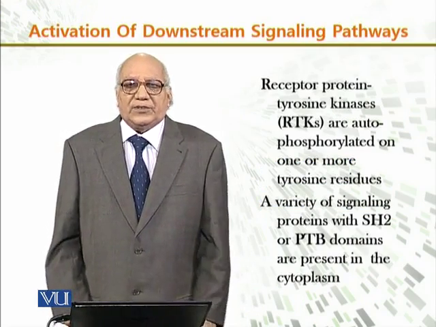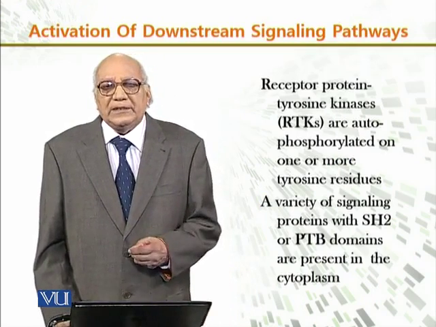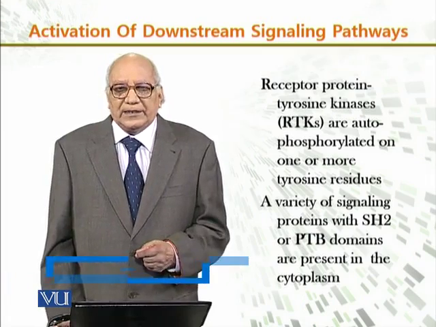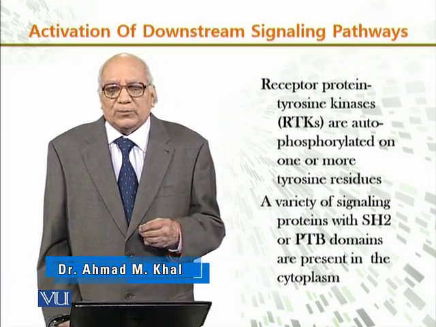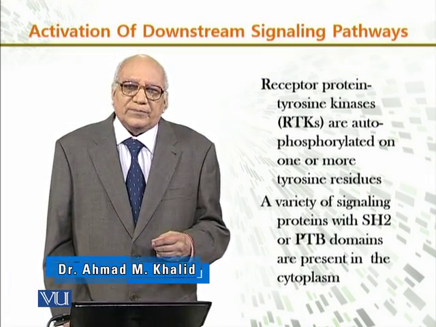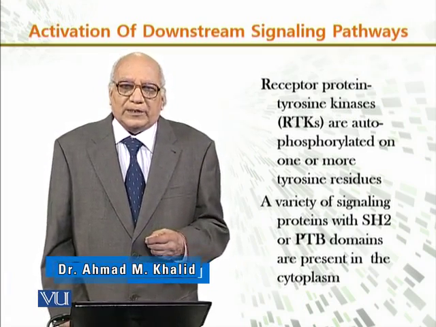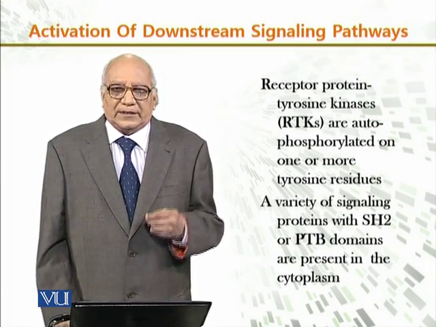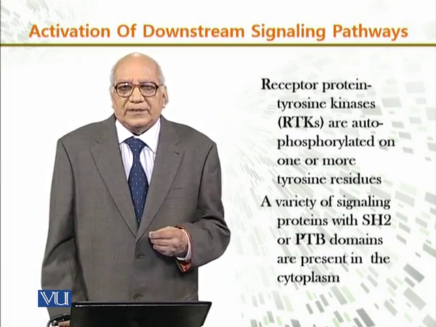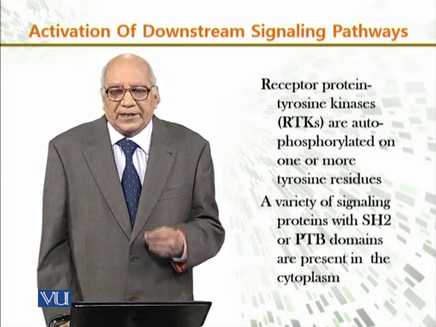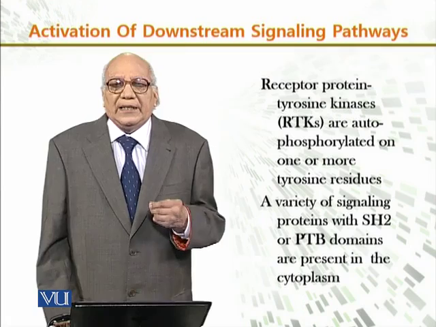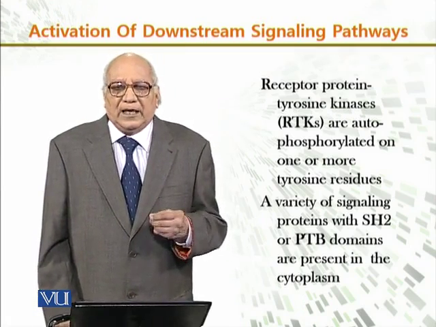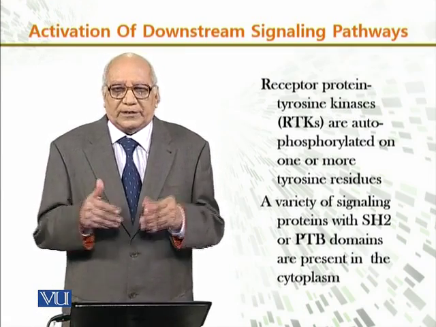In this case, the receptor protein tyrosine kinases, RTKs, are autophosphorylated on one or more tyrosine residues. It is very important to keep in mind that receptor protein tyrosine kinases play an important role during the activation of downstream signaling processes.